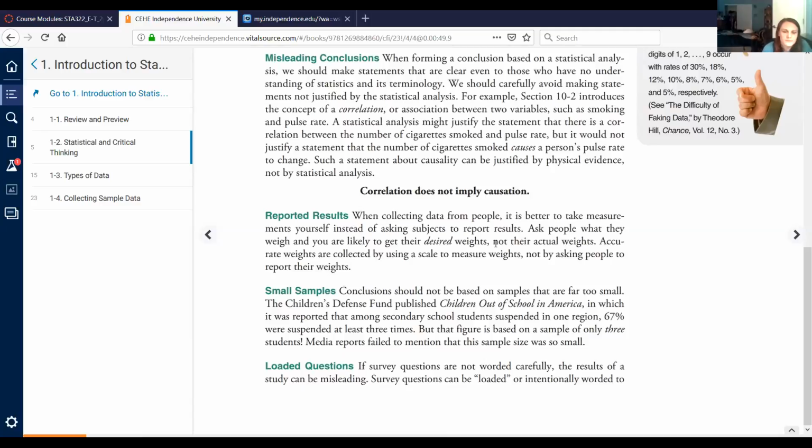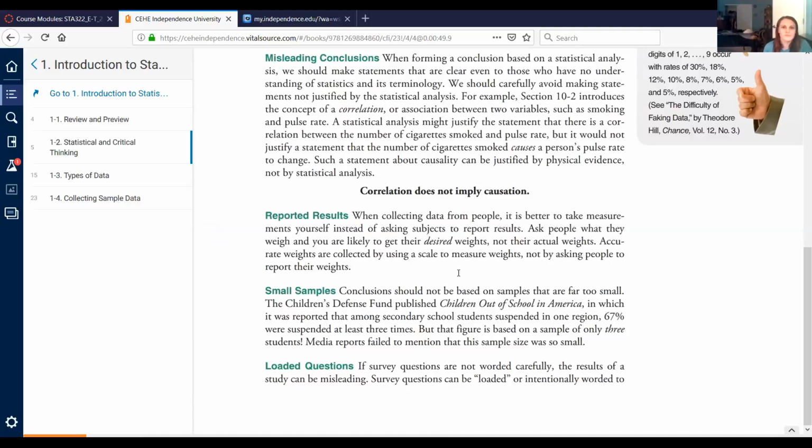I like this example. If you're studying, say, an exercise program as a means of losing weight, you don't want people just to report the results.